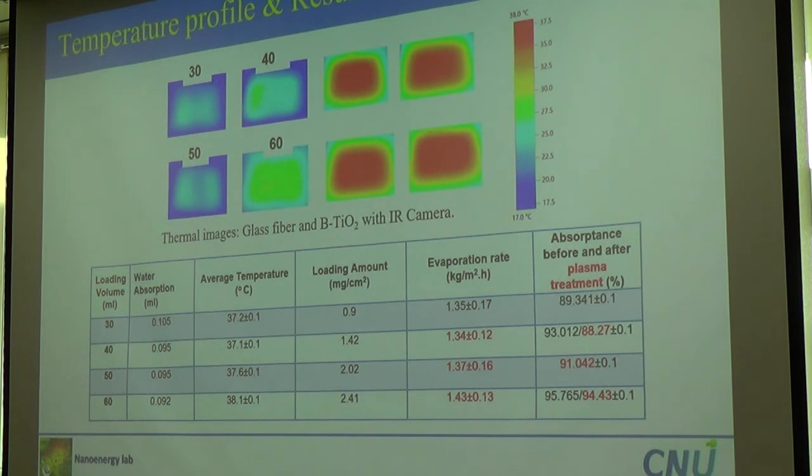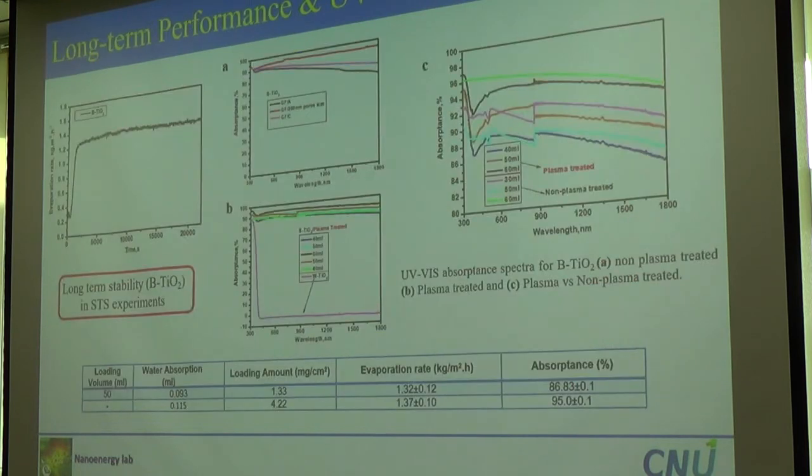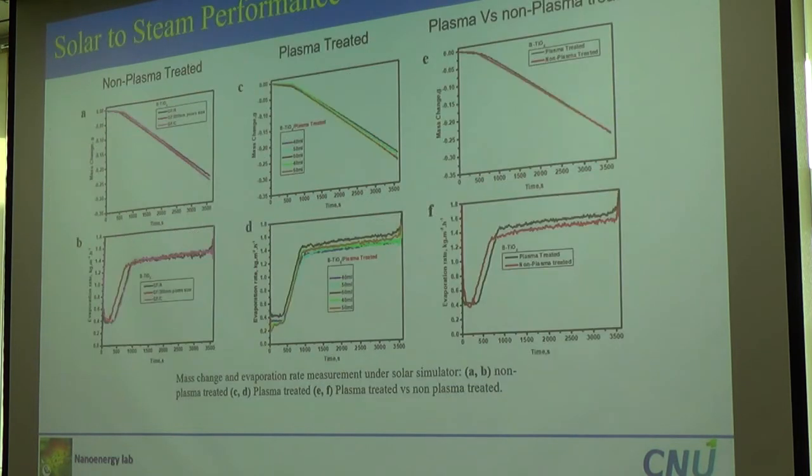This is the trend for different loading amounts. When the loading amount increases, the evaporation rate is 1.34, then 1.37, and I got the final evaporation rate of 1.43, which is the maximum.